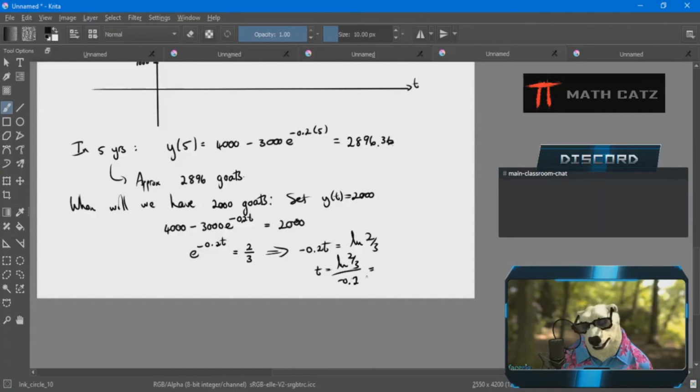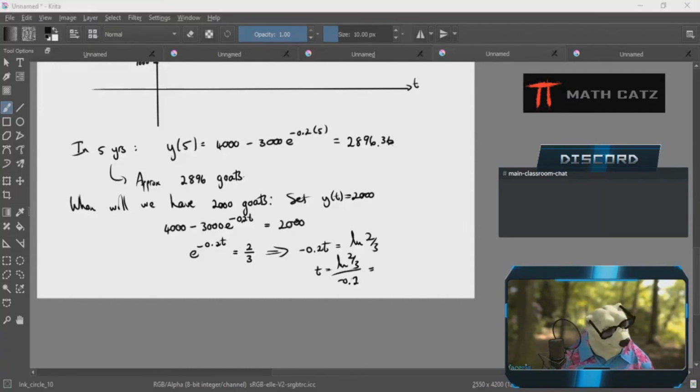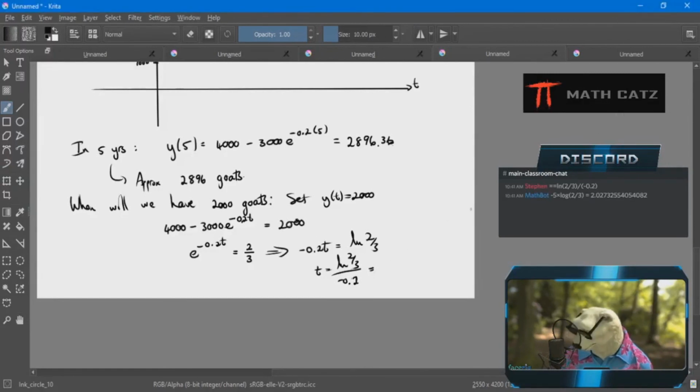Let's see what that is. And we get 2.03. So when will we get that? At approximately the 2-year mark, we will have 2,000 goats.